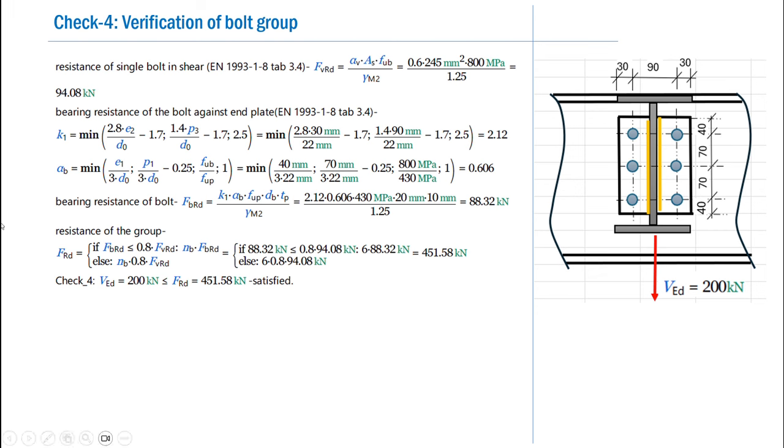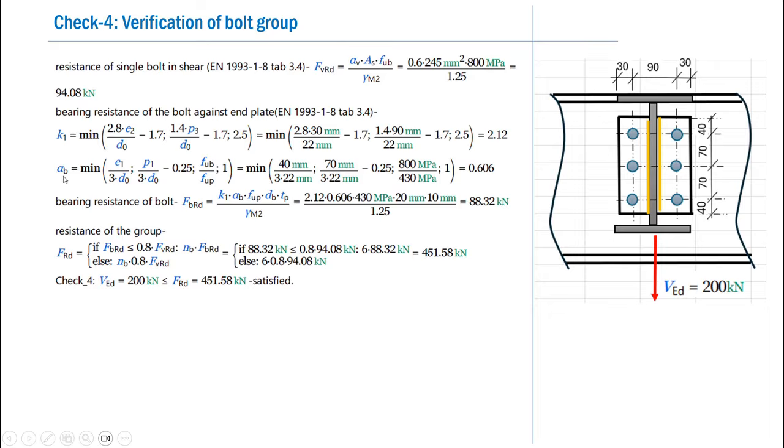The coefficient k1 is obtained as the minimum of 2.8 e2 by d0 minus 1.7, 1.4 p2 by d0 minus 1.7, and 2.5. Remember that e2 is this 30 mm, and then this is p3, the gauge distance, meaning all these are dimensions perpendicular to the load application. And k1 we obtained as 2.12.